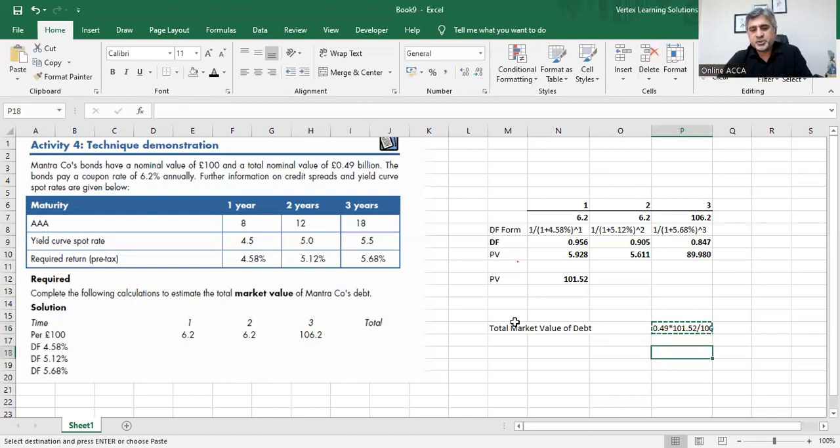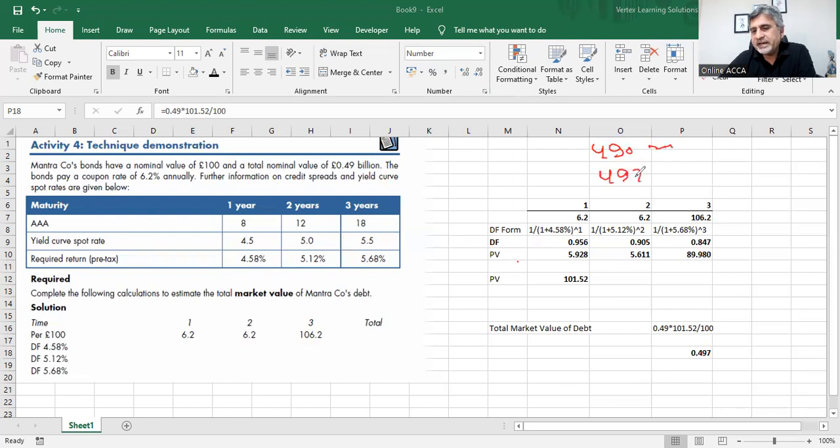I take the proportion, and when I multiply this now, it is actually 0.497 billion. So the total value of the debt has increased. Market value of debt is 0.497, not 0.49, 0.497. Why? So it was 490 million. Now it is 497 million because of the higher market value.